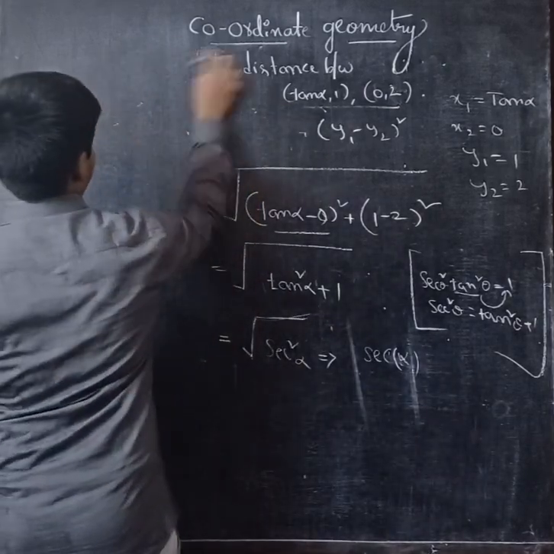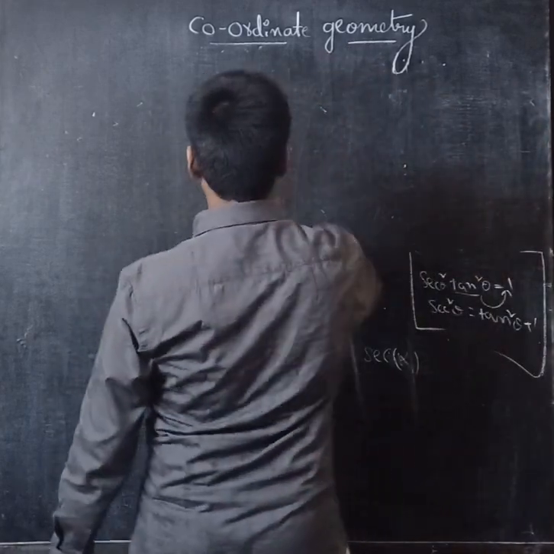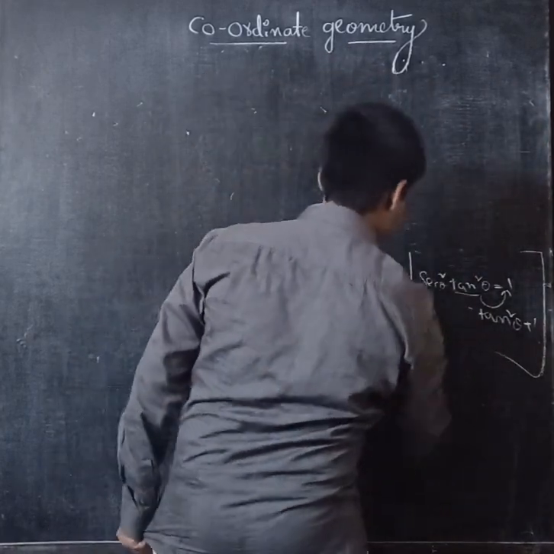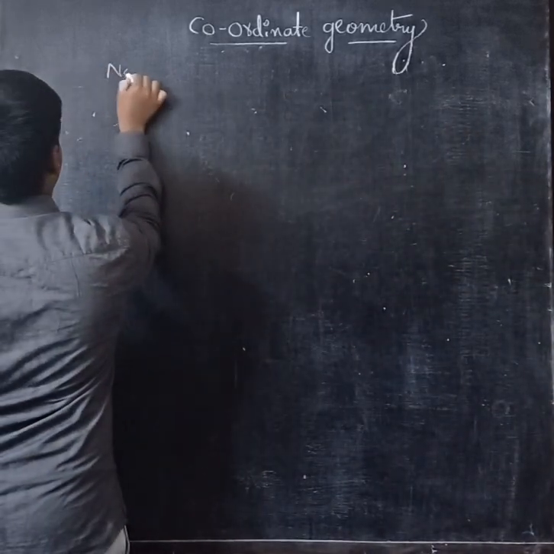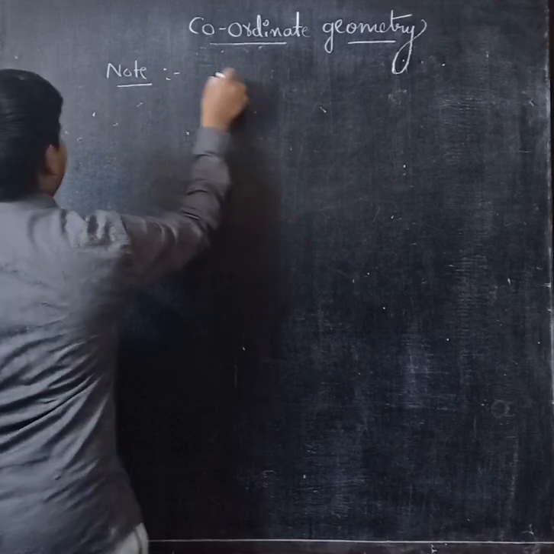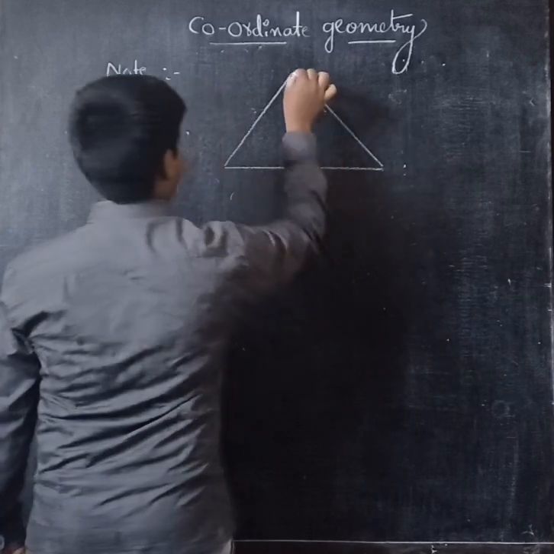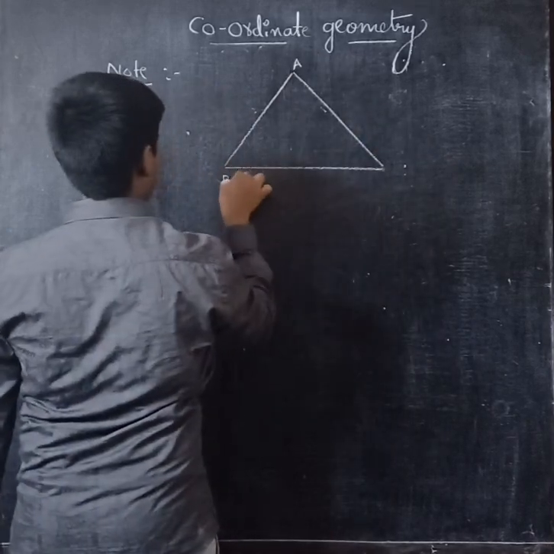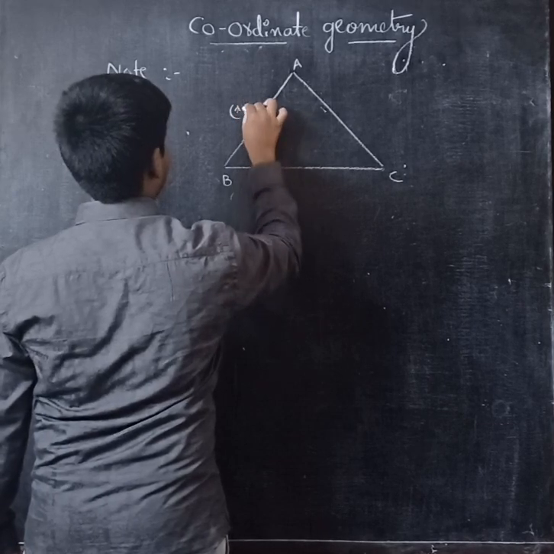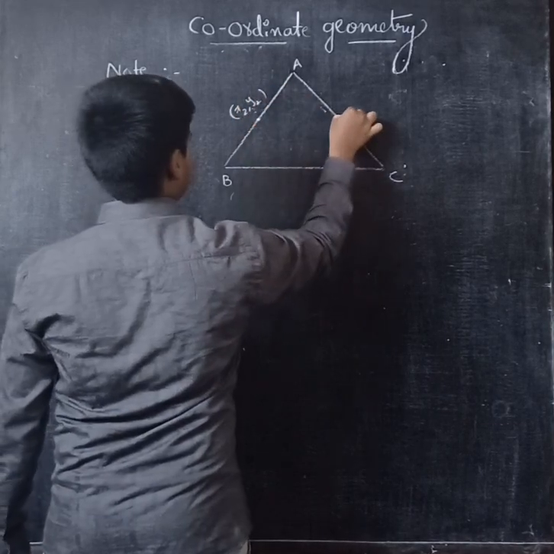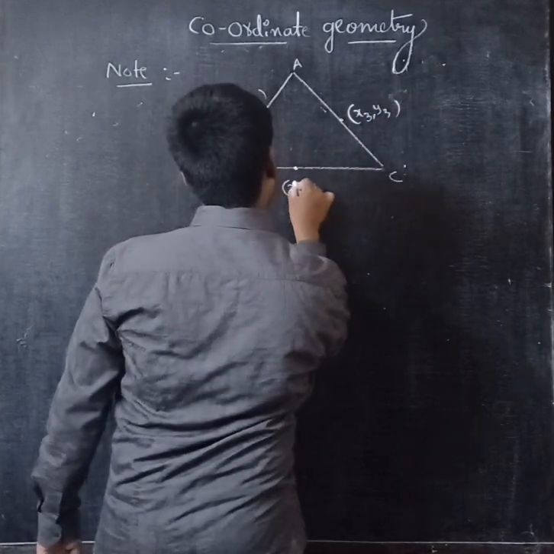And the next one, a small note point. If I take a triangle ABC, here the midpoint is (x2, y2), here the midpoint is (x3, y3), and here the midpoint is (x1, y1).